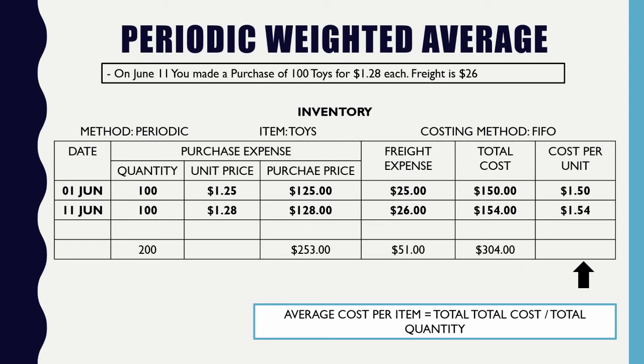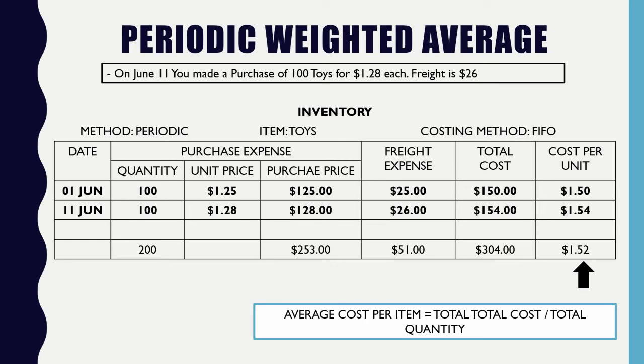By doing so, that's going to give us a grand total average cost per item of $1.52.